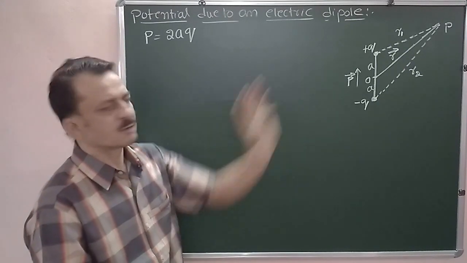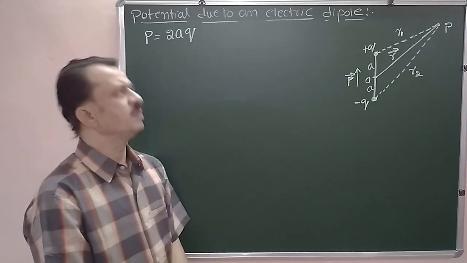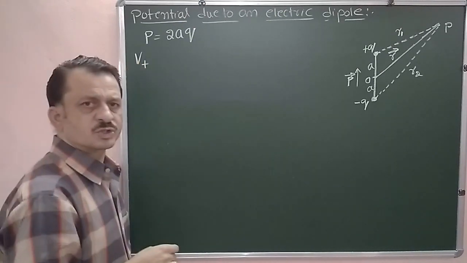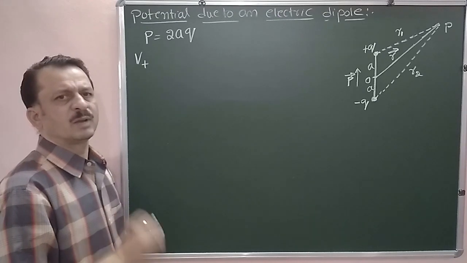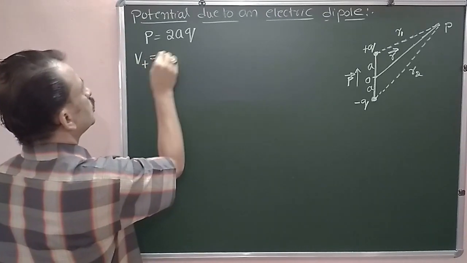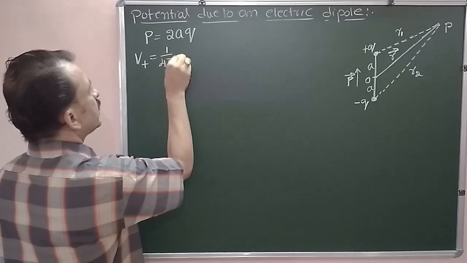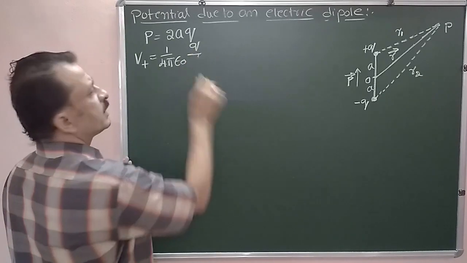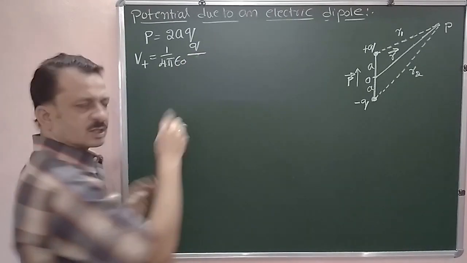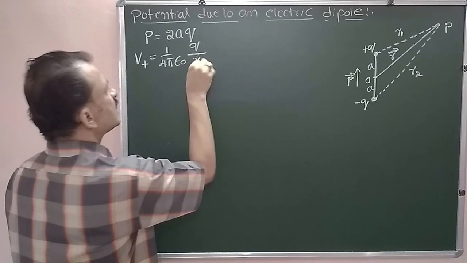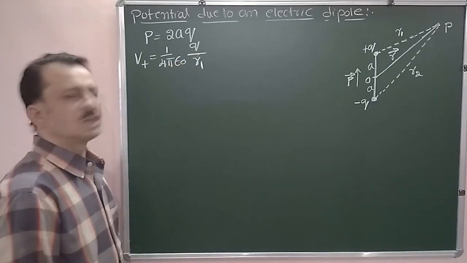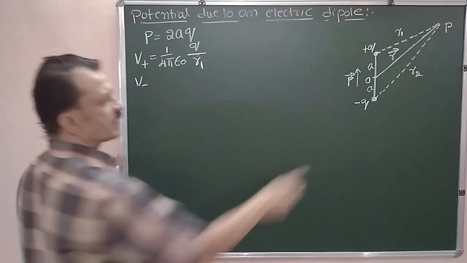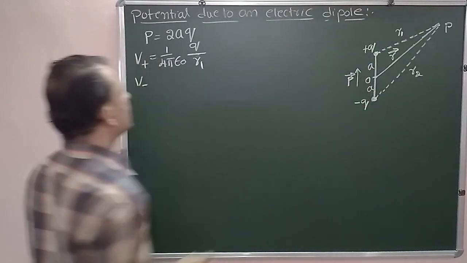It is at a distance r1 from the point P. Therefore, the potential at P due to the positive charge, let me write it as V plus, is equal to 1 divided by 4 pi epsilon naught into charge Q divided by the distance, which is r1. Similarly, for the negative charge, let me write it as V minus. The negative charge is minus Q, and it is at a distance r2.